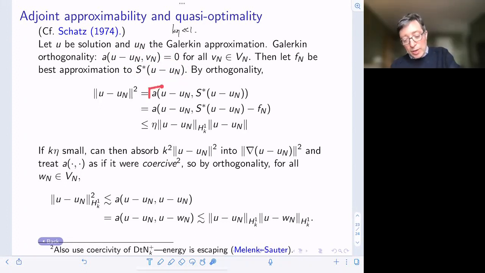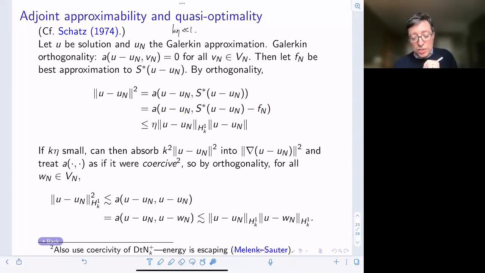So if I put S star of U minus UN into this pairing, what that means by definition is that this is U minus UN squared. That's what it means to solve the weak problem, if you think about it. And now by Galerkin orthogonality, I can subtract Fn, because that's in my Galerkin subspace. This is true minus Galerkin, and I can take an Fn out of that right side.